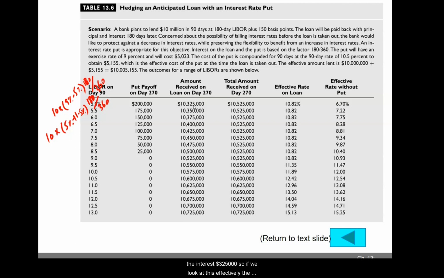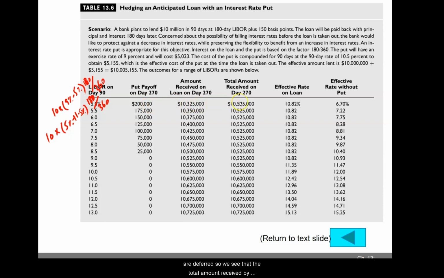So if we look at this, effectively the lender has been affected adversely by the fall in interest rate on day 90. However, on the expiration of the put on day 90, there is a 200,000 payoff to be paid to the lender on the 270th day because interest rate option payoffs are deferred.